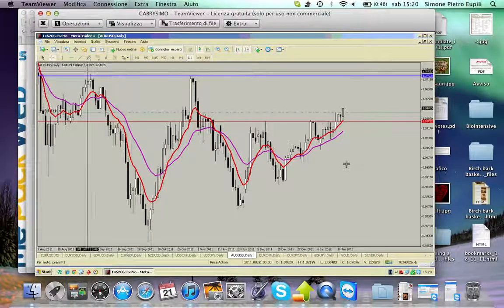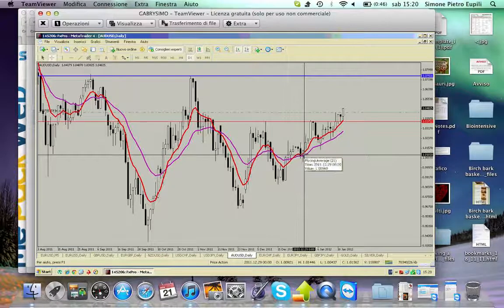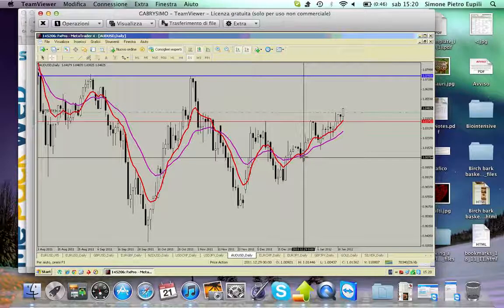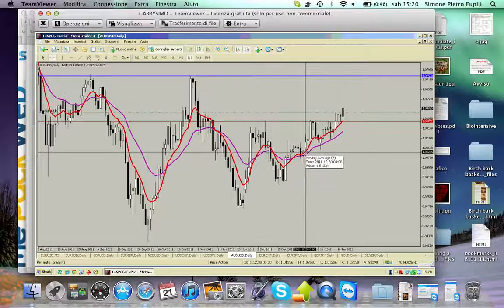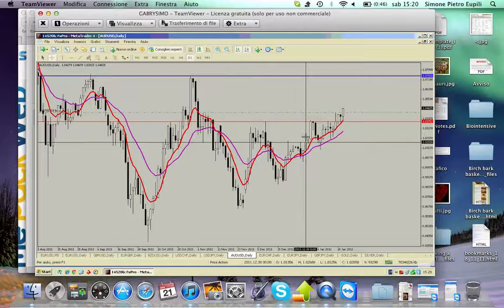What we want to do is to buy when the price bounces on a support, so we buy low in an uptrend and sell high in a downtrend.